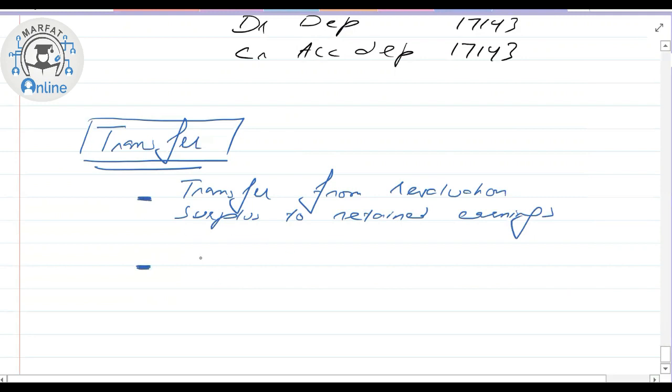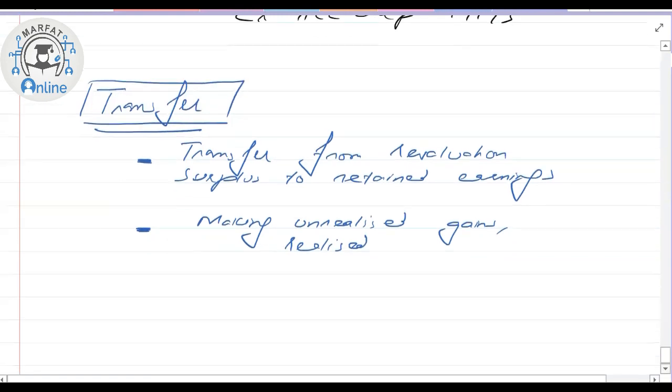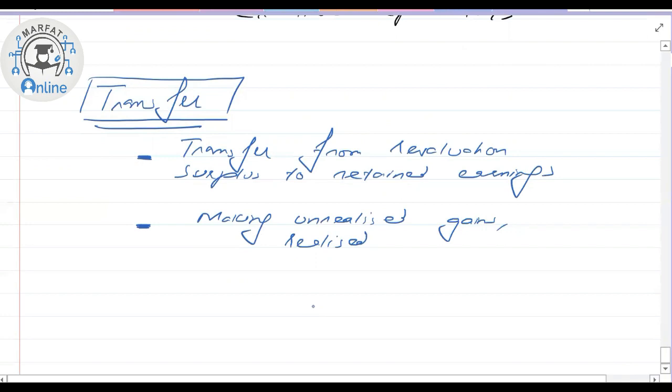That means making unrealized gains realized. Now we have to understand this concept.